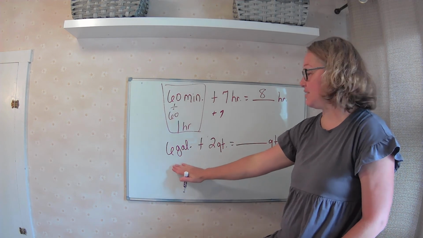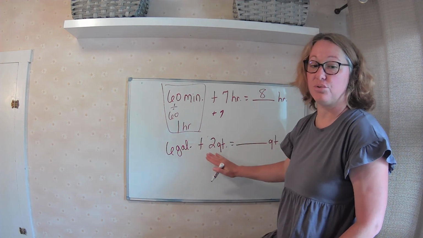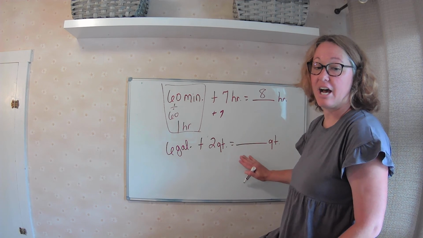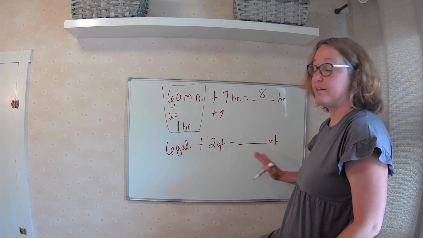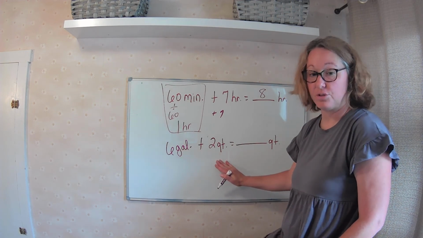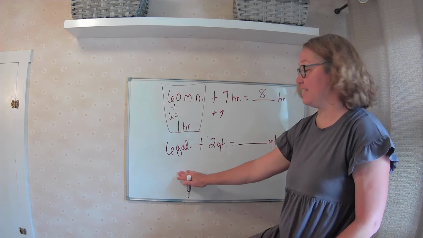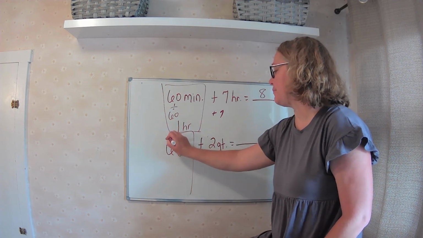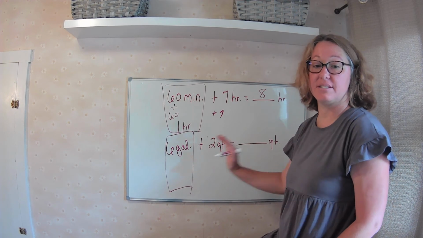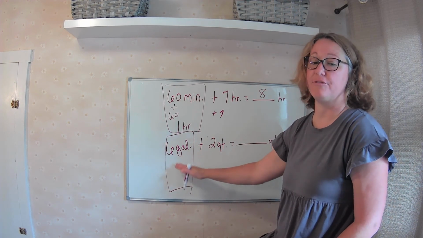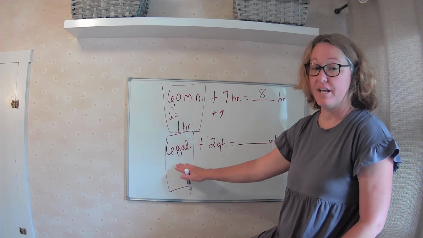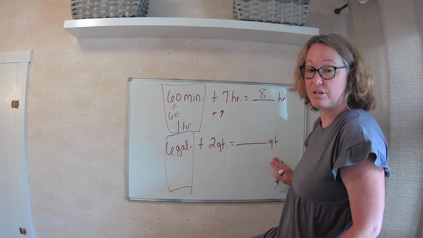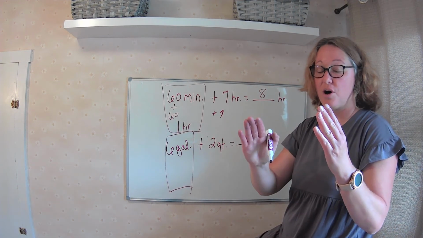The next one is 6 gallons plus 2 quarts equals how many quarts? Leave the quarts alone. So what are we converting? The gallons. So draw a box around it. I do that to keep it set off so I can visualize what I'm converting. It's one step at a time here. Gallons to quarts. Large to small.